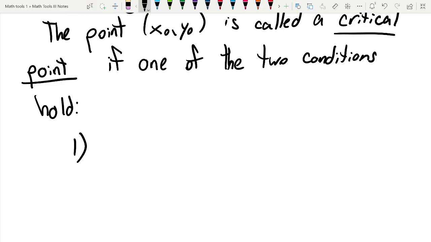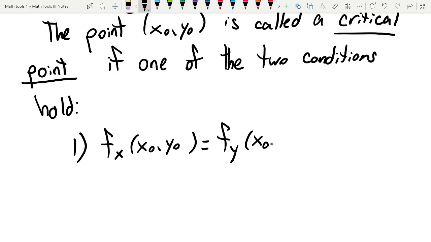Okay, and you can kind of extract these from the single variable case, namely that the partial derivative at that point with respect to x and the partial derivative at that point with respect to y are equal to 0.